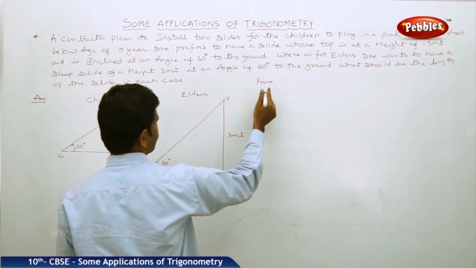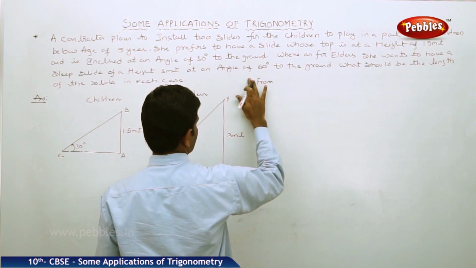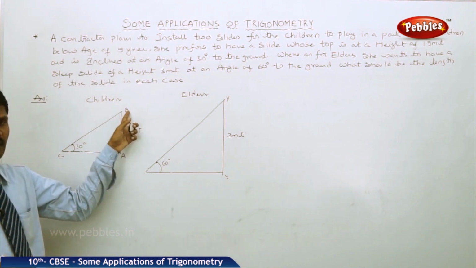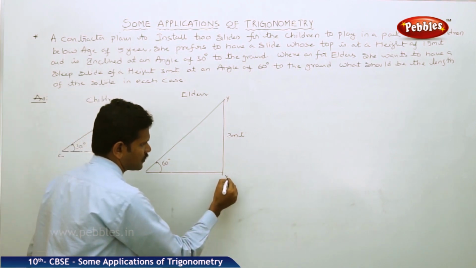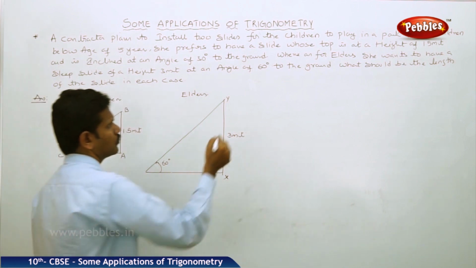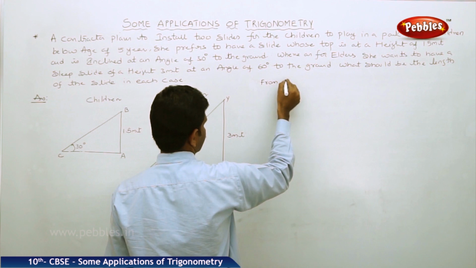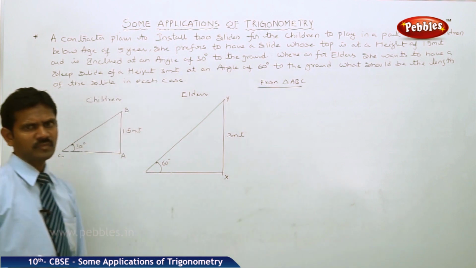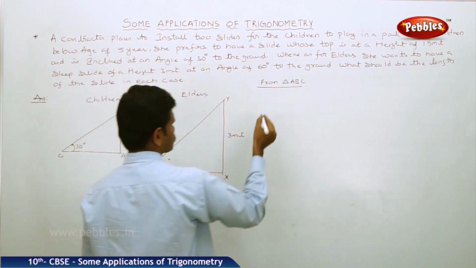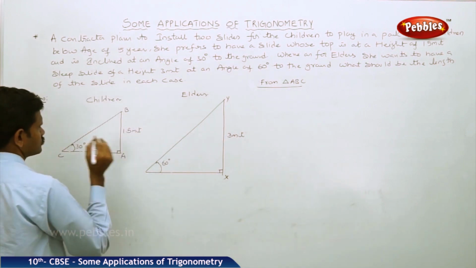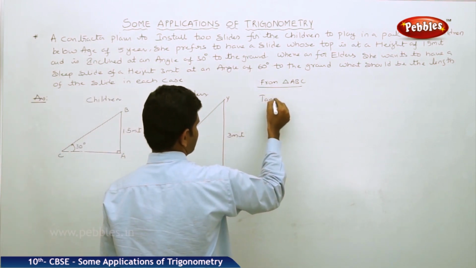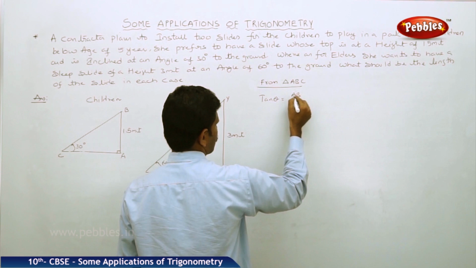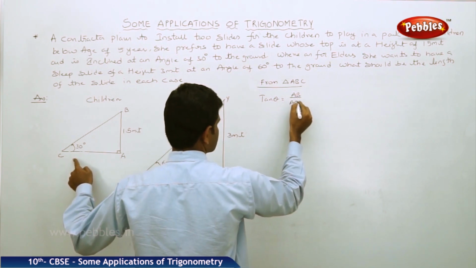Here AB is the height of the first pole, and XY is the height of the second pole. Now, from triangle ABC, tan theta is equal to opposite side AB by adjacent side AC.